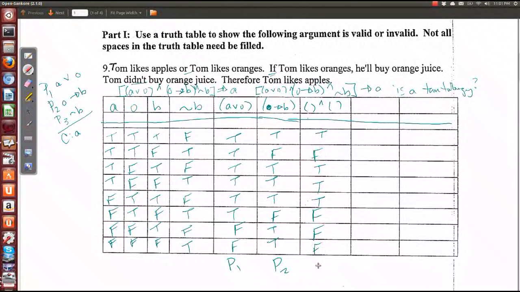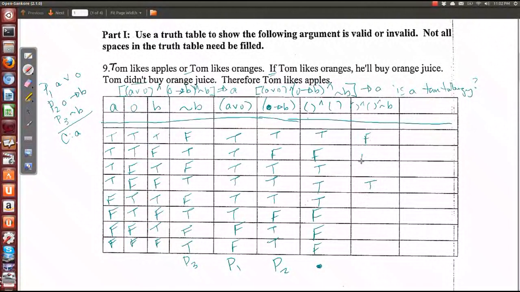And I need to compare this statement with premise 3, again using a conjunction. So it's only true when both of these statements are true, which only happens on the 4th row.